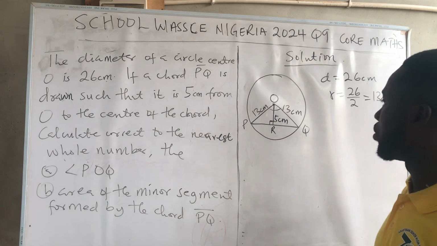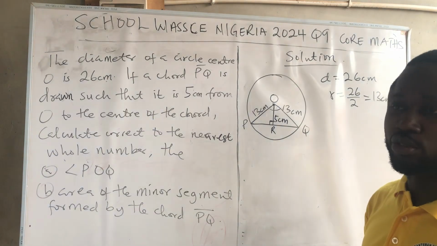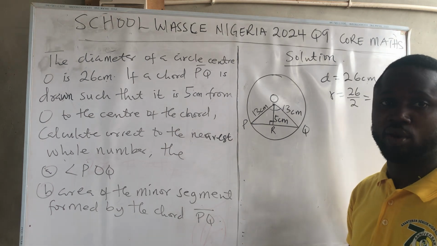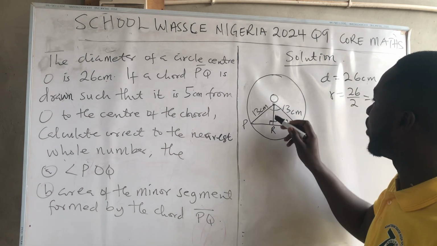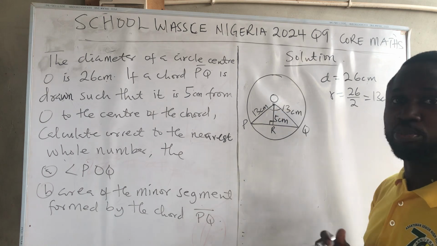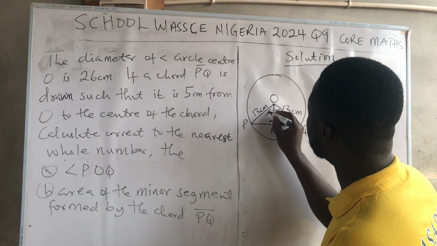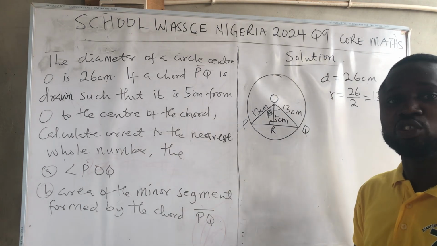Because we have a right angle triangle here, I can apply my trigonometric ratio, SOHCAHTOA. I'll find one of the angles and multiply by 2, so that I get the entire angle POQ. Let me call here beta, so that I calculate the angle beta.